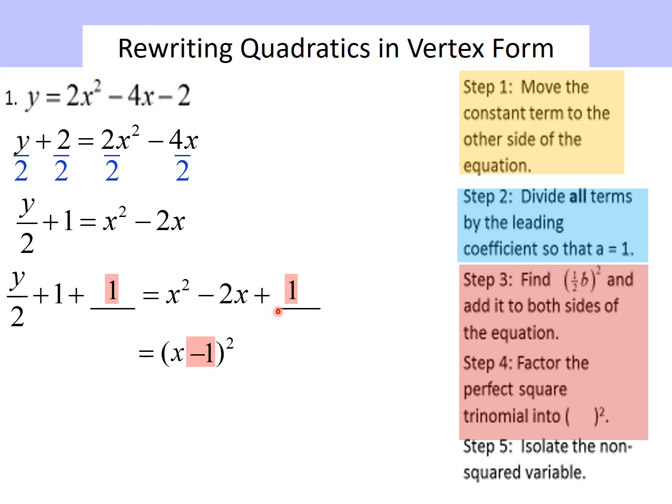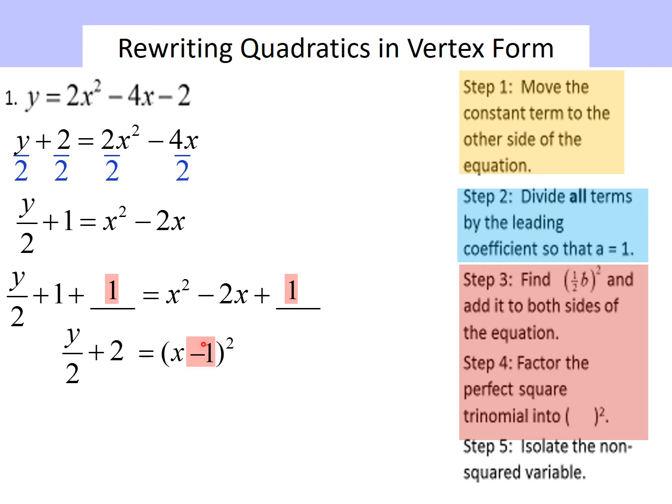And when I square 1, I get a 1, and I have to add a 1 to the other side to keep my equation balanced. Understand that this complete the square when it is factored is actually this right here. So now we have our y over 2 plus 2, because 1 plus 1 was 2, is equal to x minus 1, this quantity squared.